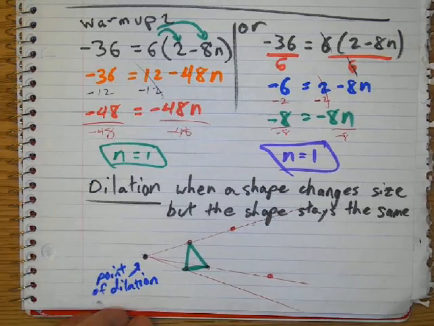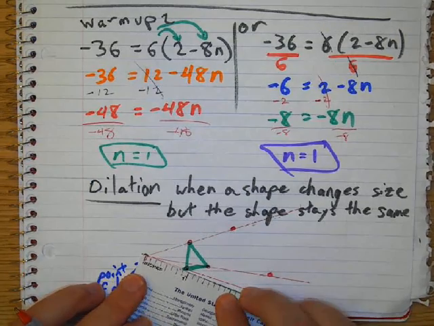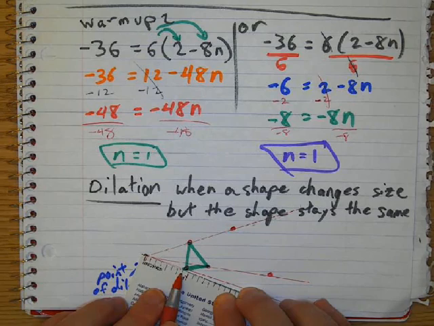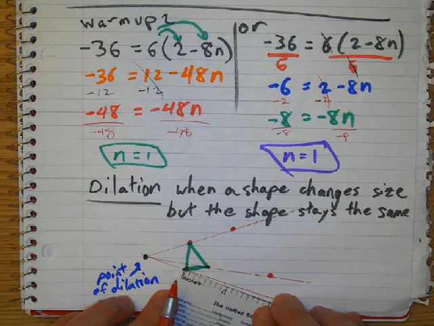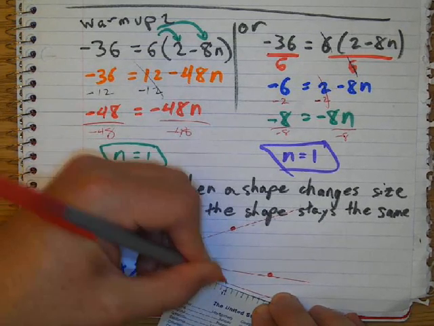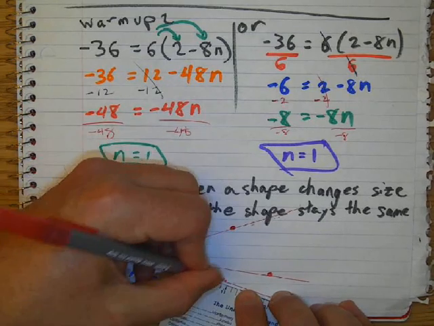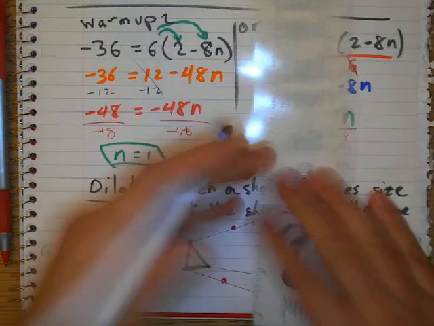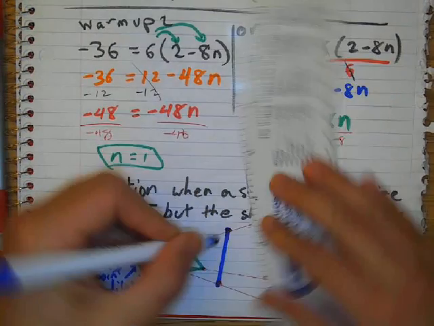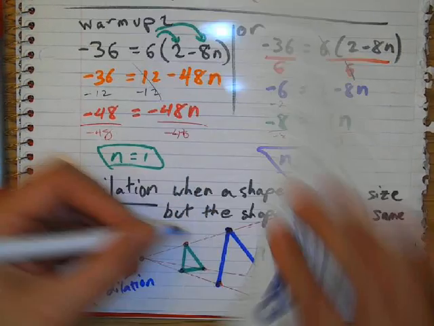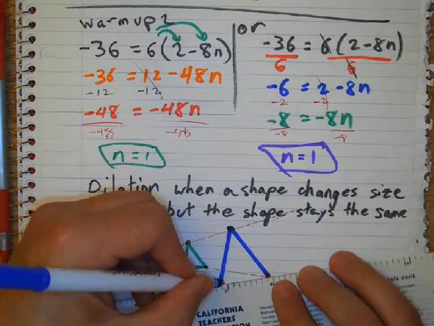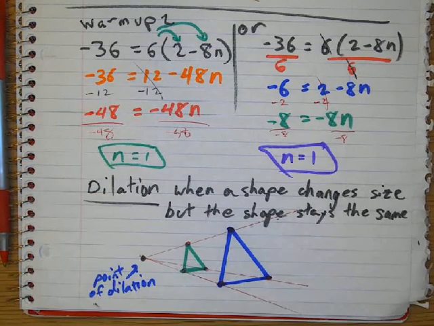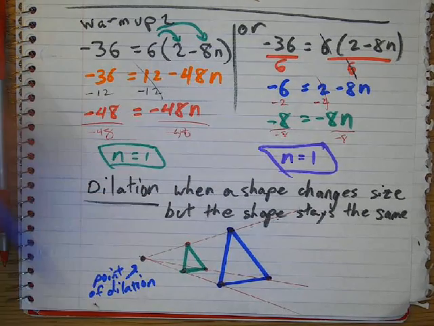And then from here to here, it looks like it's 7/8 of an inch, so I'm going to go 7/8 of an inch again. And now I can connect the lines. And now I have a triangle that is literally twice the size of the green triangle. And now I've created a dilation.